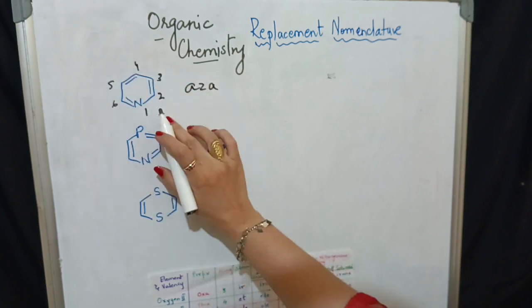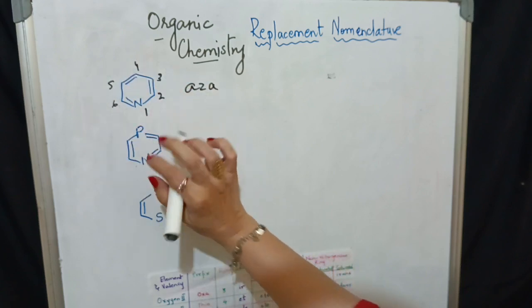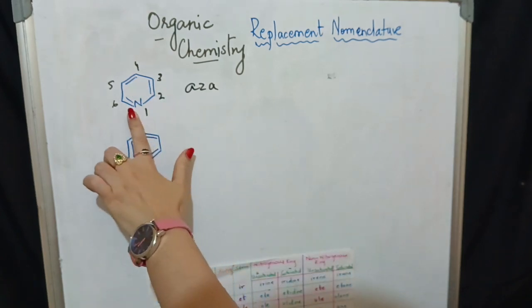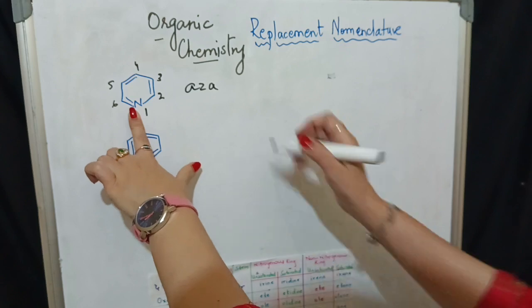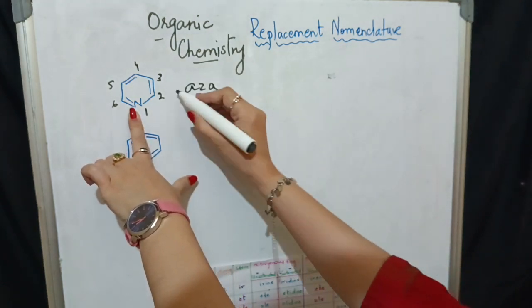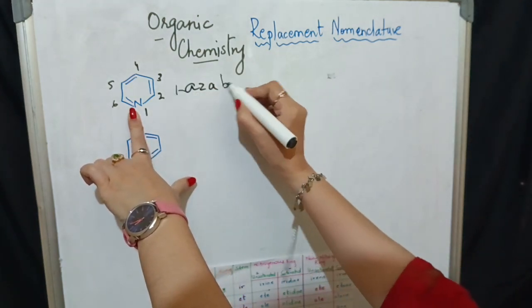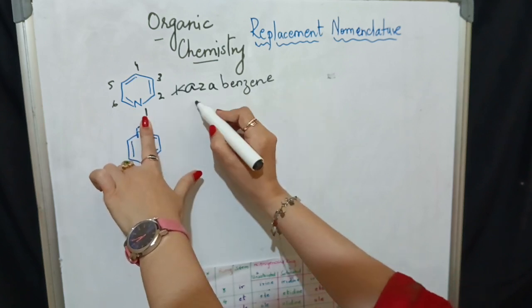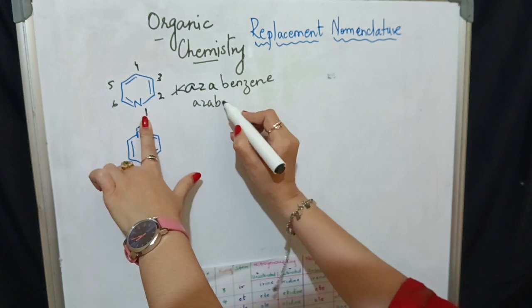This is a 6-membered ring with alternately present double bonds. It resembles benzene. Therefore, we can say it is 1-aza benzene. But 1 is understood and therefore we can say it is azabenzene.